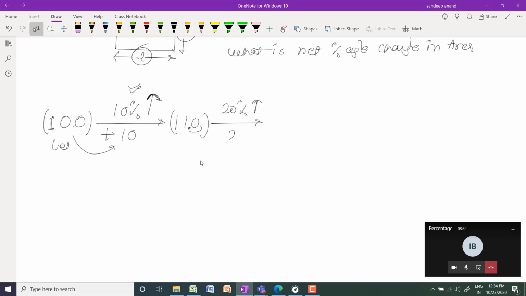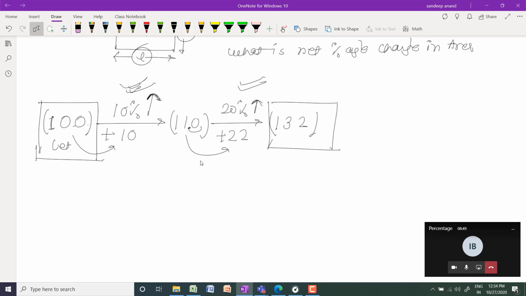So what is 20%? 22. You need to add, because the upward arrow means the value increases. So 110 plus 22 gives 132. Now I have already increased the length and the width. Initially my area was how much? 100. Now it becomes how much? 132.